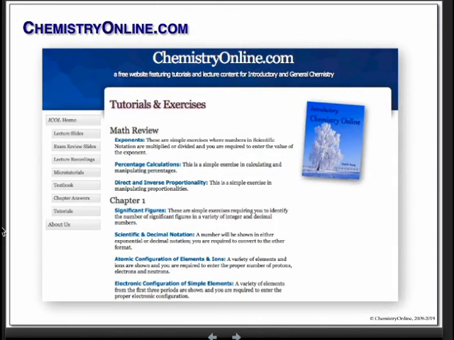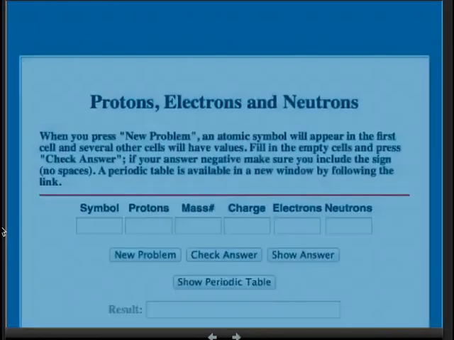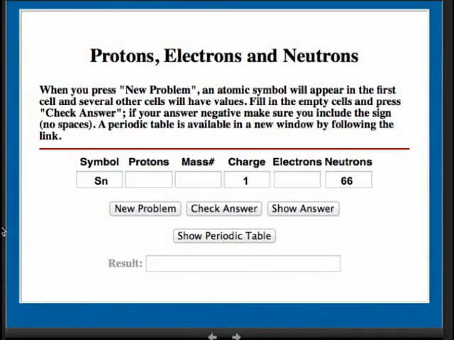When you click on it, you get this. I call this protons, electrons, and neutrons. What it is, it's a table. And there'll be at least 2 or 3 things missing. You simply put in the proper numbers, check your answer, and of course you'll be correct.